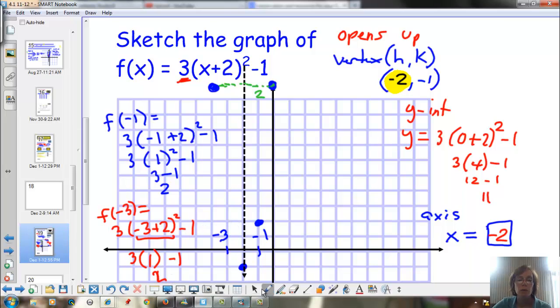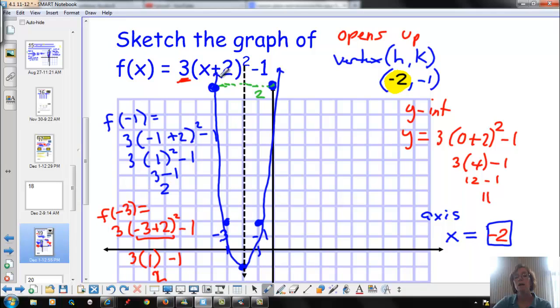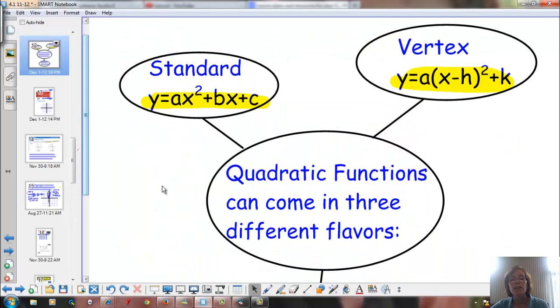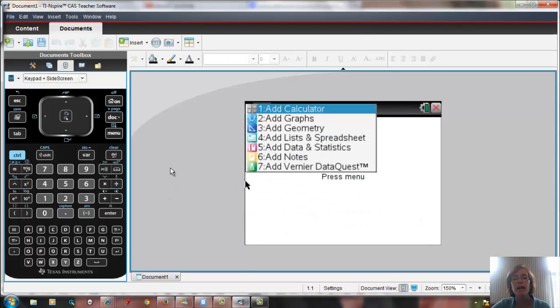And so yes, we do have this point at -3, 2. And now we can draw in our parabola. Okay, yeah, that's really crooked, but that's the best I can do on my little pen pad, so forgive me for that. Okay, so let's take a look at how we would go about graphing these on the calculator.